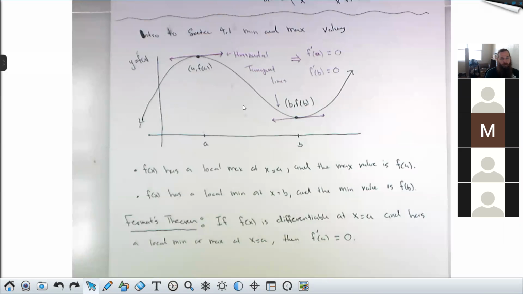So a good way to hunt for mins and maxes, as long as you know your function is differentiable, is to hunt for places where the derivative is 0.